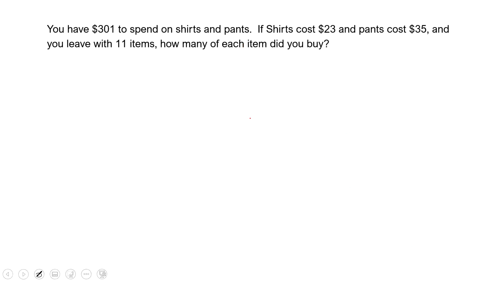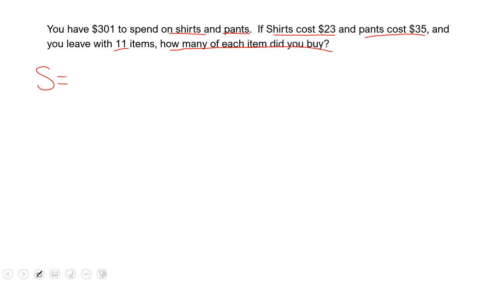So here's the second example. You have $301 to spend on, again, shirts and pants. Oh, this is from the front page, so we already identified all our information. Shirts cost $23, pants cost $35. How many do we buy of each? We bought 11 things.